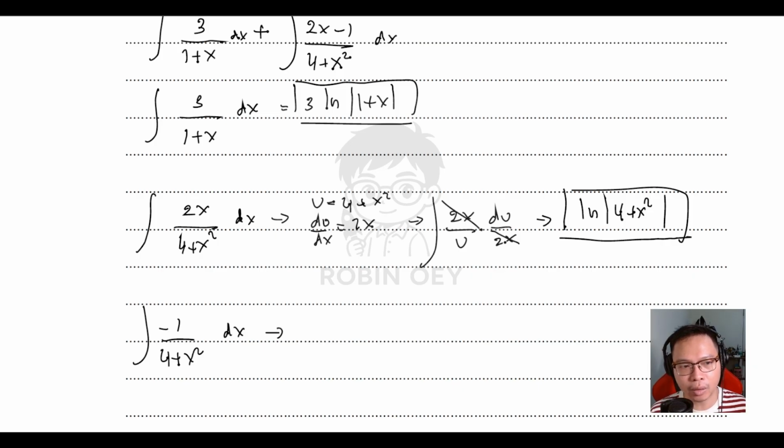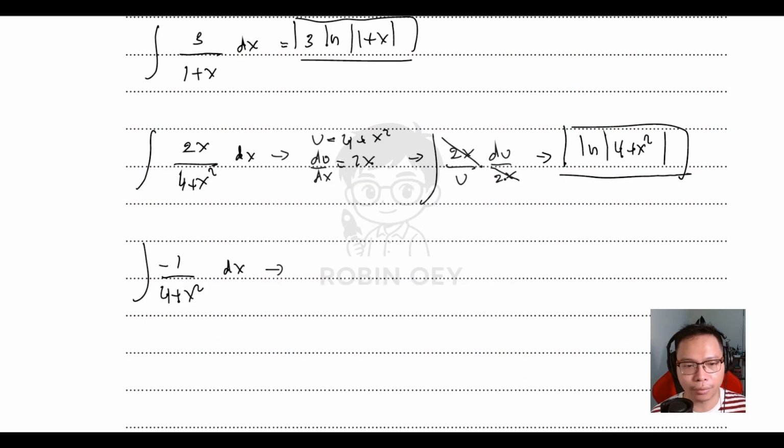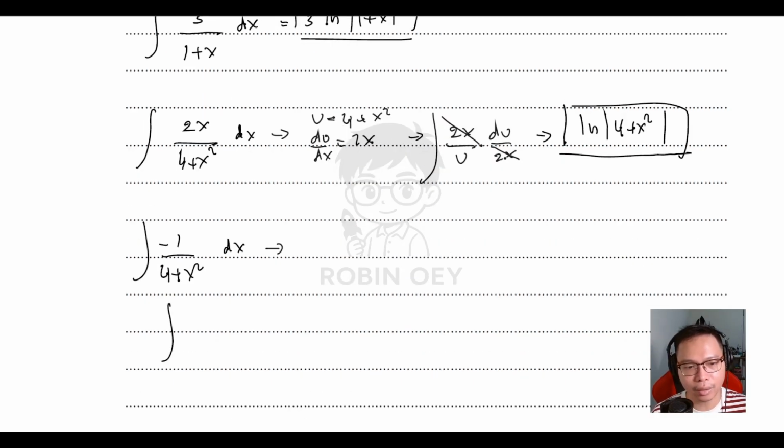We have 2. Now the third one corresponds to the integration of 1 over a squared plus x squared. This will become inverse tangent. Because the square root of 4 is 2, this is half inverse tangent of x over 2.